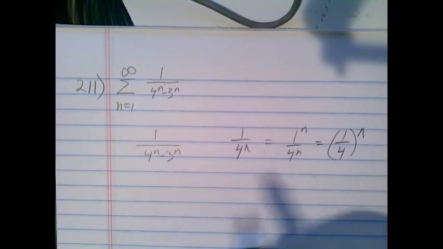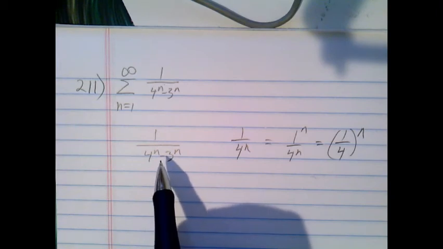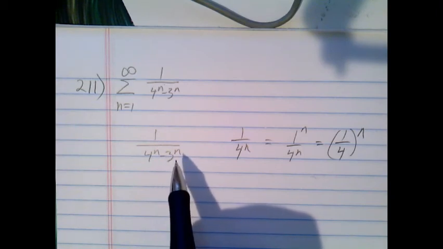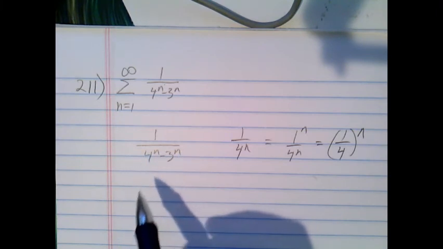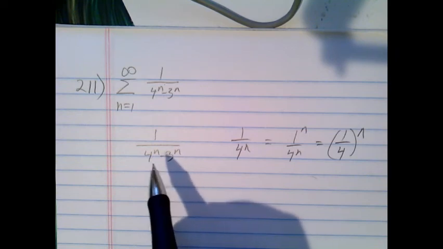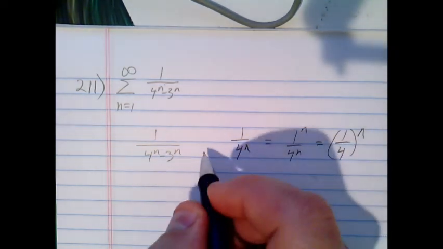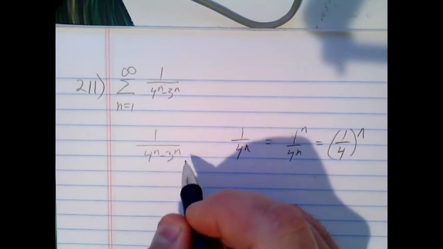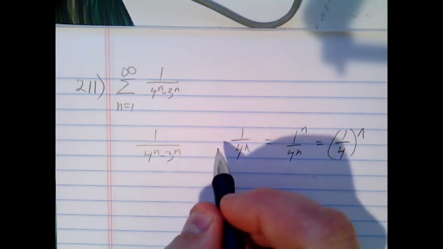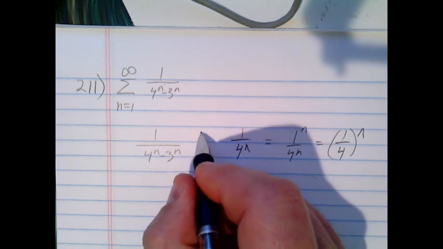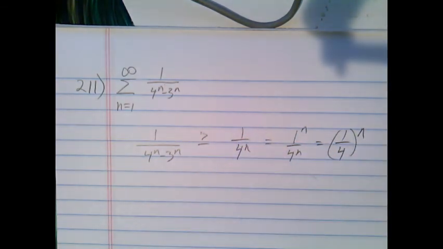And here's the problem. When I dropped out that minus 3, that makes the denominator bigger since I dropped out something that was being subtracted. And if I make the denominator bigger, that makes the fraction smaller.